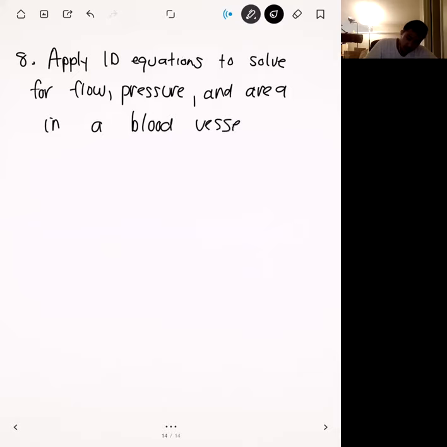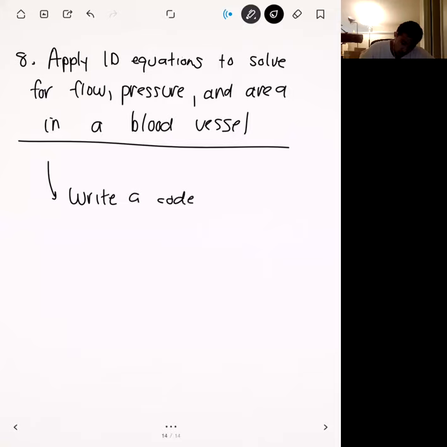What this learning objective means is that ultimately you should be able to write a code that solves the 1D equations. That's what you would want to do with this kind of information.